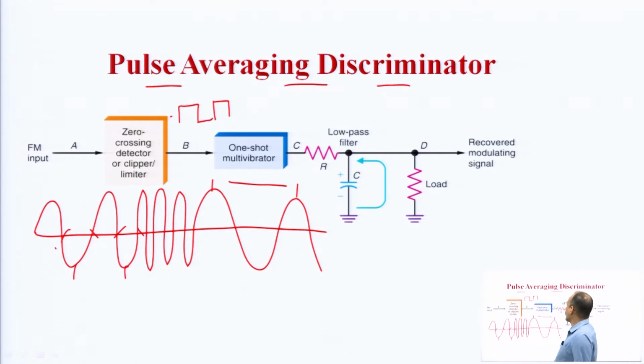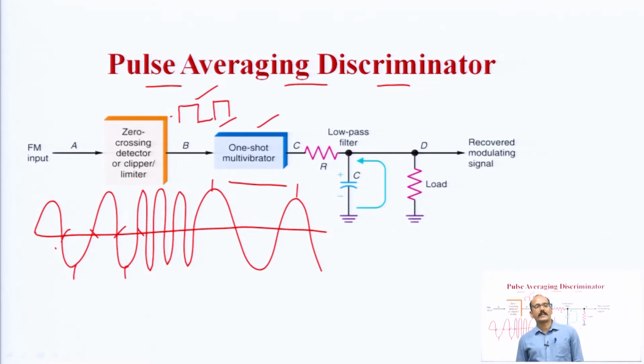That pulse signal is applied to a one shot multivibrator. You know that a one shot multivibrator is triggered by these pulses, and it generates the output signal as per the width of the pulse, or the timing period of the pulse.